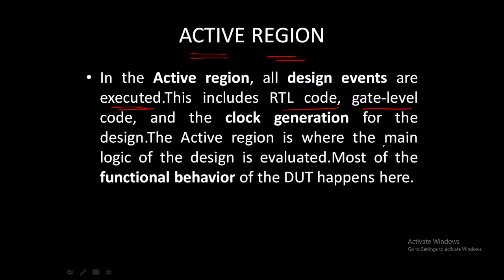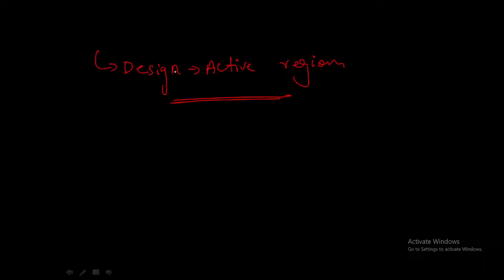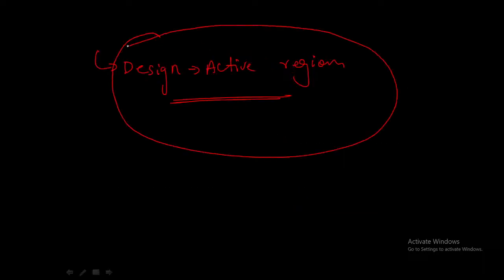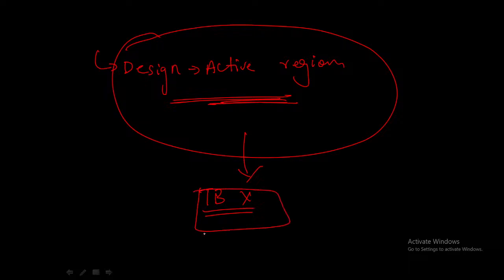The active region is the region where the main logic of the design is evaluated. Most of the functional behavior of the DUT happens here. The design will start executing in this active region, where the test bench will not be functioning or sampling.